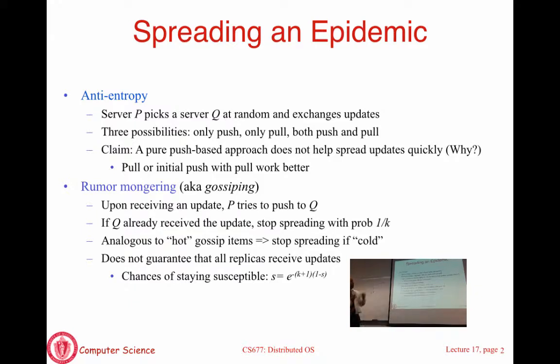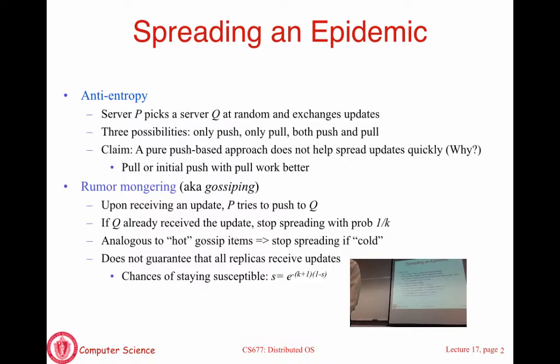Now, here is a simple claim, and we'll discuss why. It says a pure push-based approach is not going to allow you to spread the updates quickly. The question is why, and it says a pull, or an initial push with pull, will work better. Can you think of why, if you picked an anti-entropy approach and you said I'm always going to push?